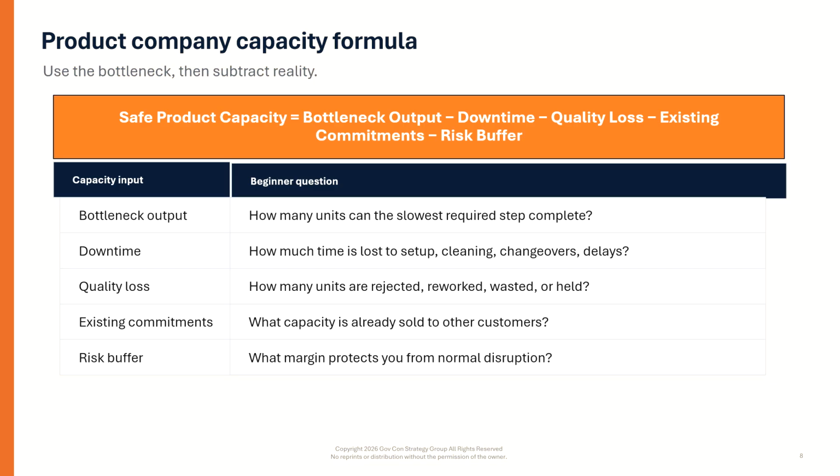Then reserve a risk buffer for normal disruption. The number left is your safe product capacity. That is the number to use before you bid. Not the number you could produce on a perfect day, the number you can produce, inspect, package, and deliver while still protecting quality and current commitments.